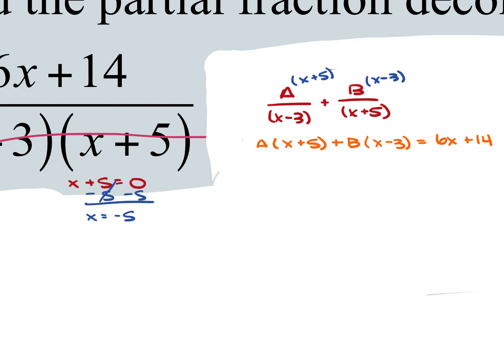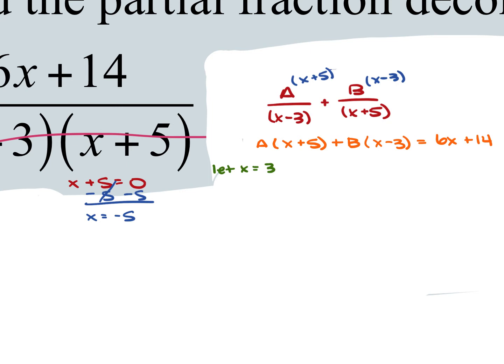From there, you are going to plug in for x what you found x was equal to from the very beginning. So in the very beginning, if you remember, we found that x is 3 and x is negative 5. So you're going to start by doing x is 3.